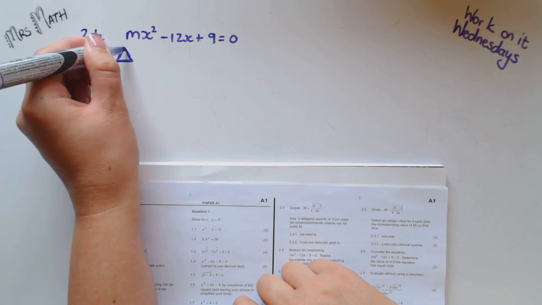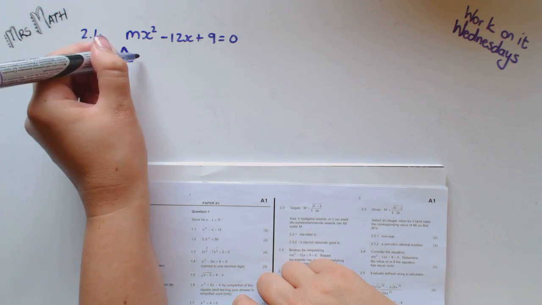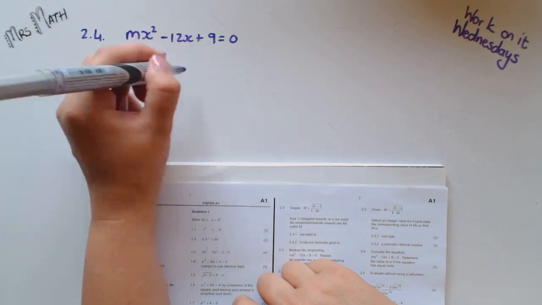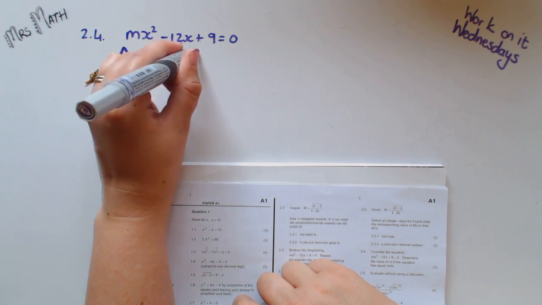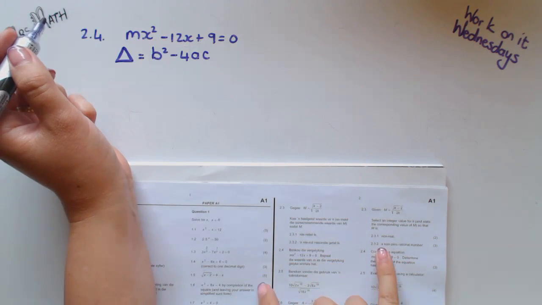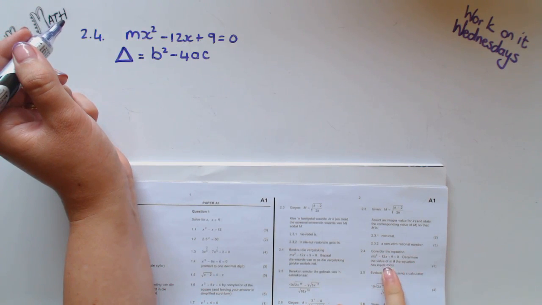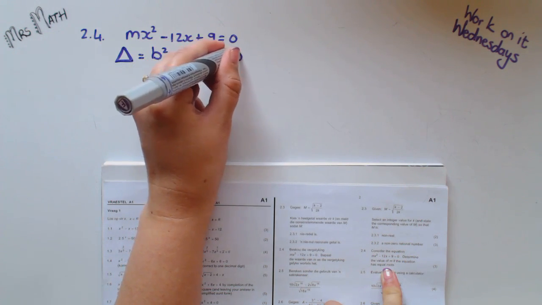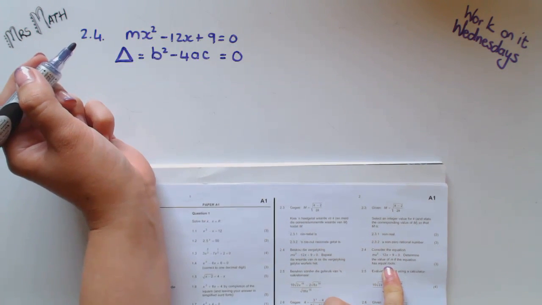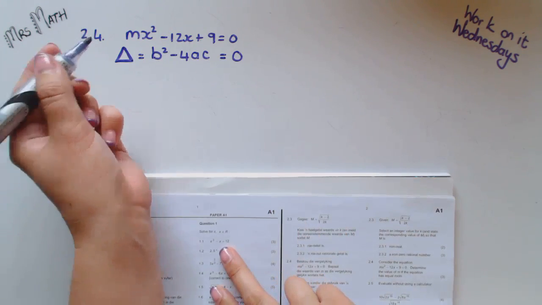But for the grade 11s, if you don't know about this yet, you will do it somewhere. Delta is just in the quadratic formula, that bit under the square root, b squared minus 4ac. And to get equal roots, I want my delta to be 0.